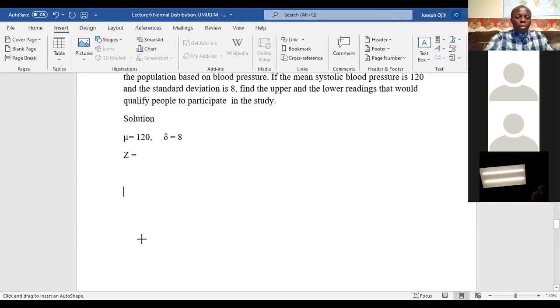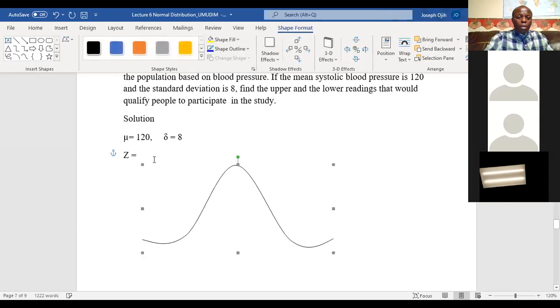Okay, we go this way, and then we put our x-axis. Then we put our center line, which is 0.